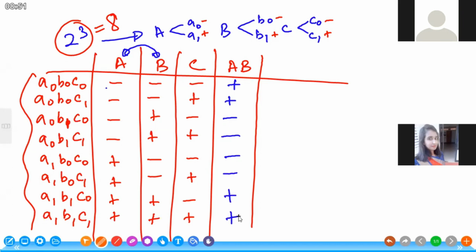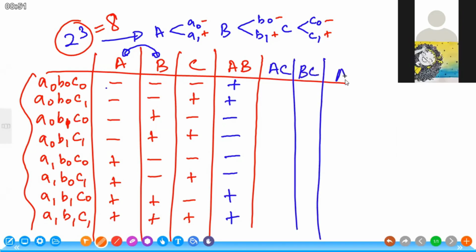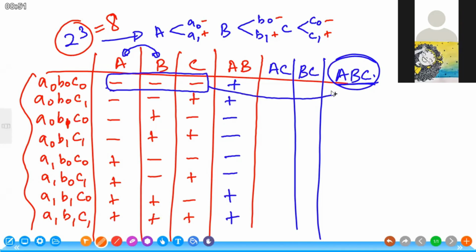So you can find out for any of AC, BC, and ABC. For ABC, how do we get the value? We multiply all three. For example, that is minus.